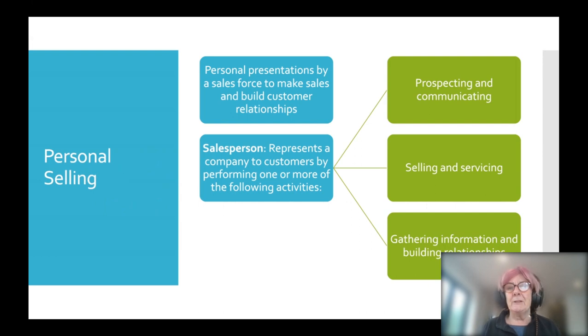It might mean helping those customers with additional purchases. Any kinds of problem those customers have, the salesperson should be there to help them with. And the third role, if you like, of a salesperson is to gather information and to build relationships with those customers in the hope of converting them into repeat customers who stay with the company for a long time.